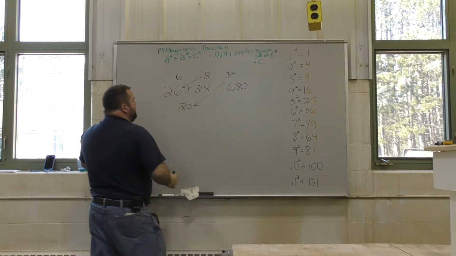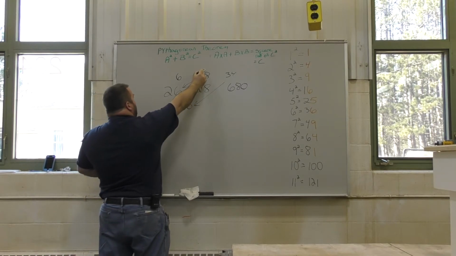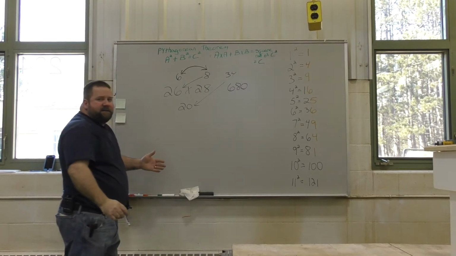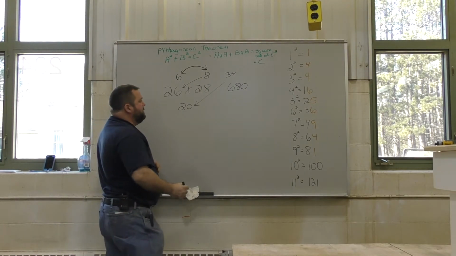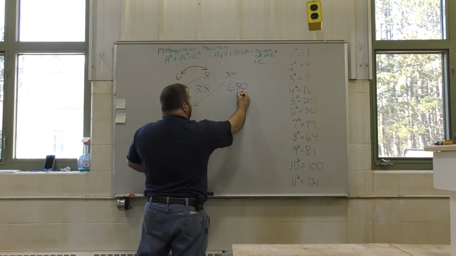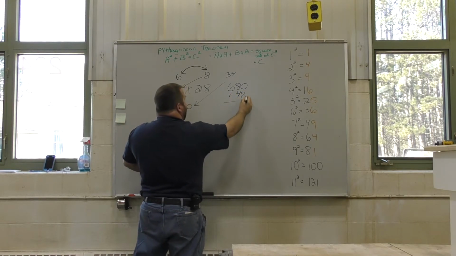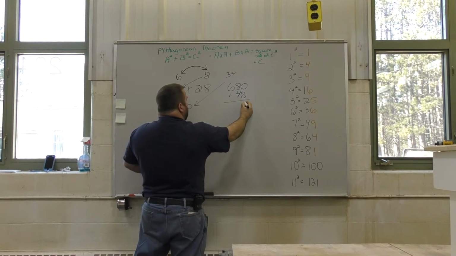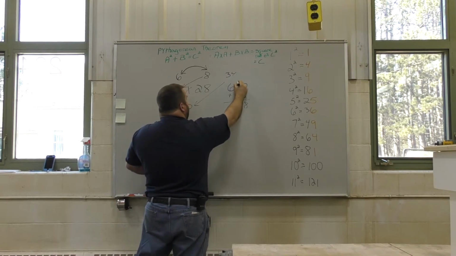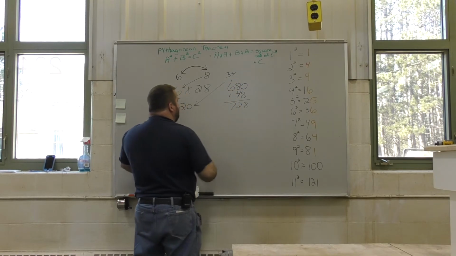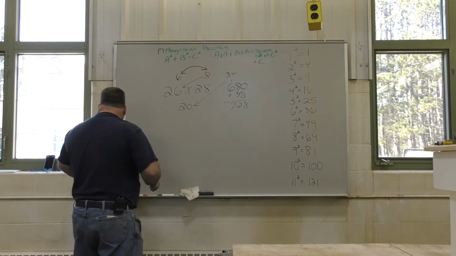So you have 680. Now multiply these two numbers. 8 times 6 is 48. So now you're going to add that answer together. Okay? 680 plus 48, you have 8. 8 plus 4 is 12. 6 plus 1 is 7. 728.